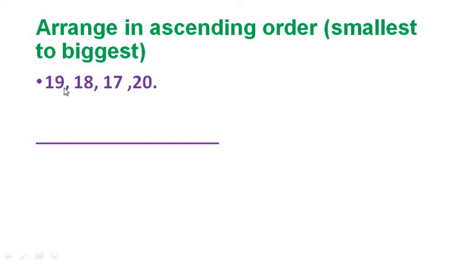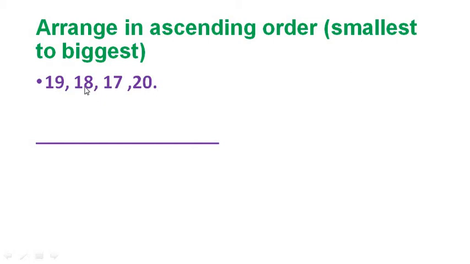Look, these are the numbers 19, 18, 17 and 20. If I want to arrange these numbers in ascending order, what should I do? First of all, I should write number 17, then 18, after that 19, and then number 20.